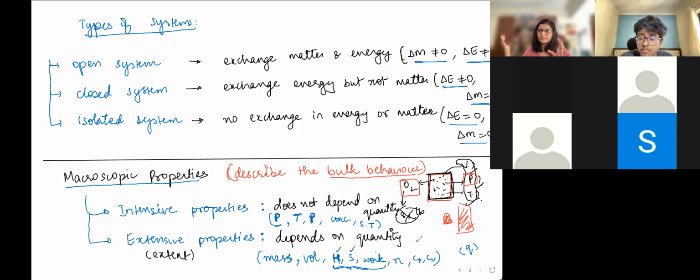So PV equals nRT, n equals given mass upon molar mass. What is S? S is entropy. What's that? That is a measure of chaos, disorderliness. We'll discuss that in the chapter.